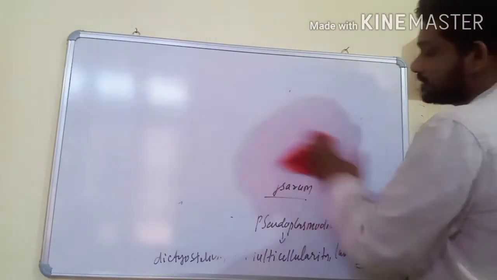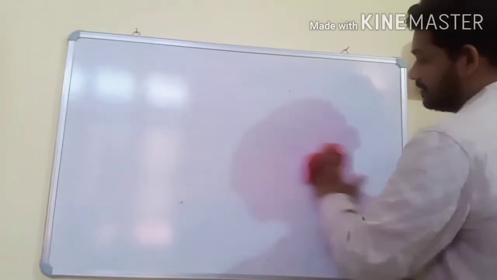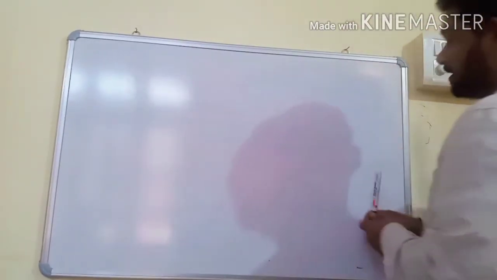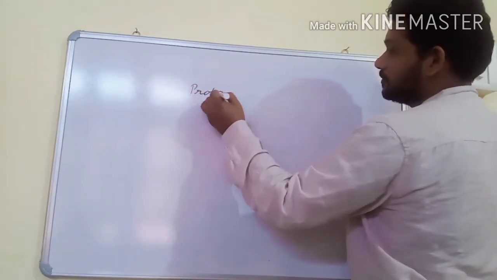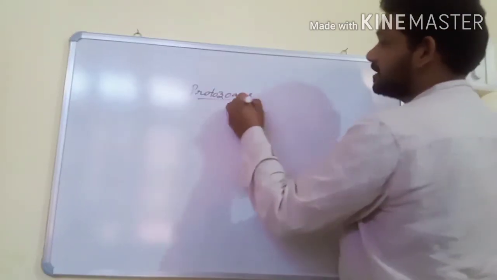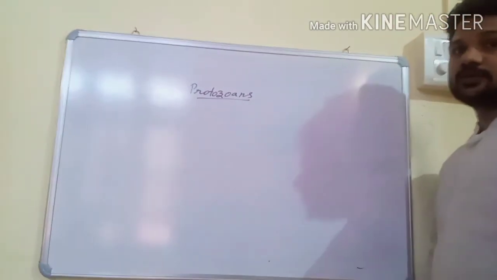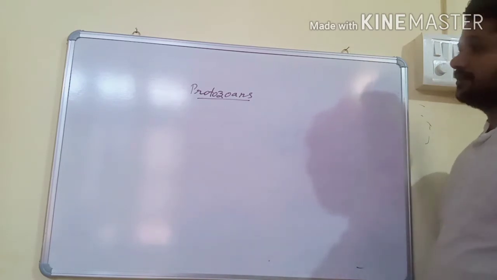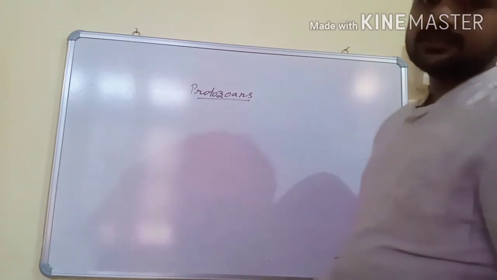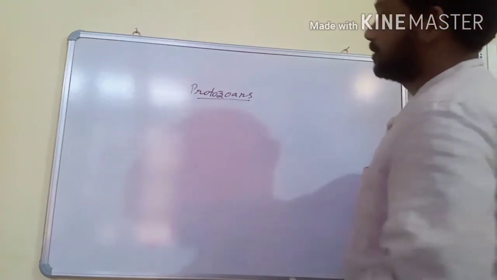The last class of kingdom Protista is protozoans. Initially, protozoans were placed in kingdom Animalia according to the two, three and four kingdom classifications. But according to the five kingdom classification, they are placed under kingdom Protista.